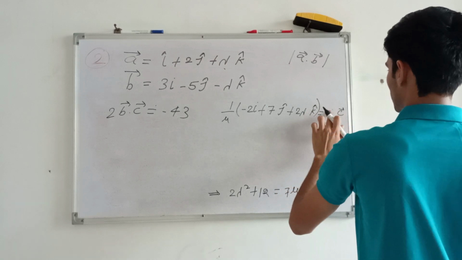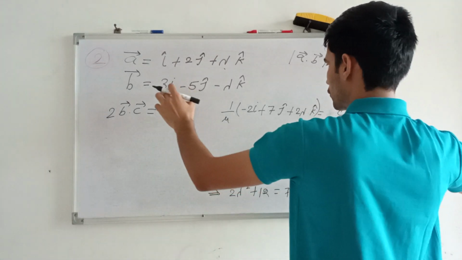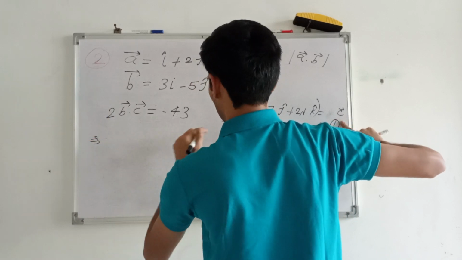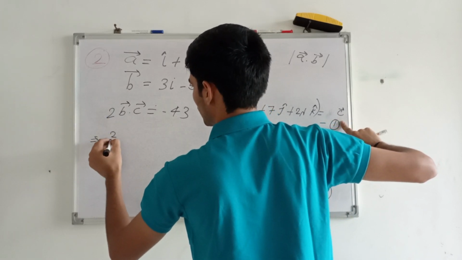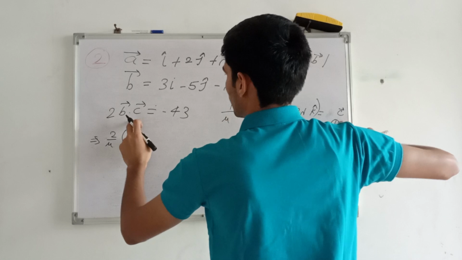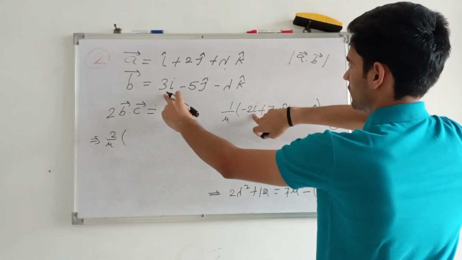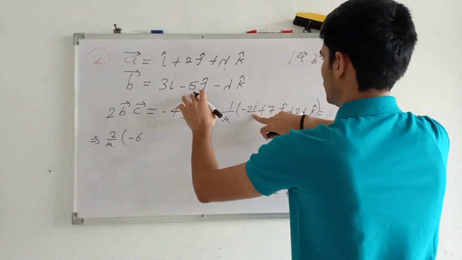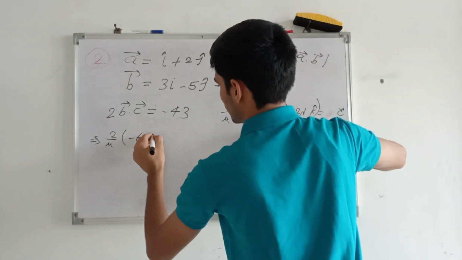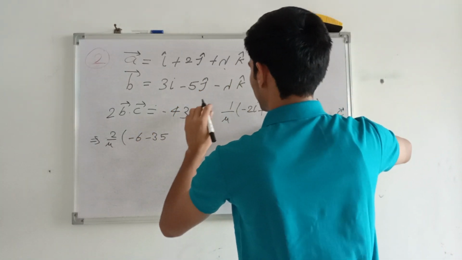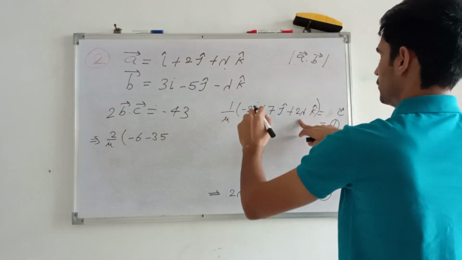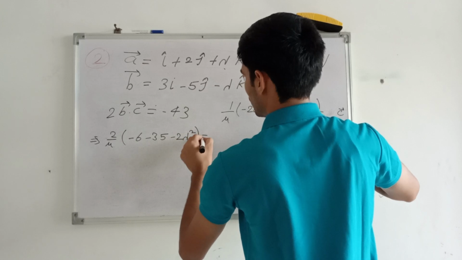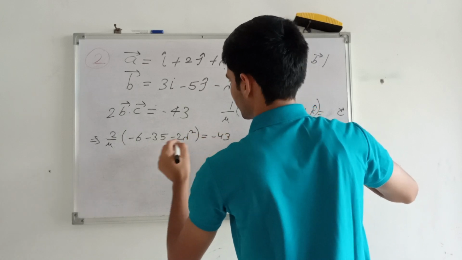This was our vector C. Now do dot product of this, what we will get? 2 is already there, 1 by mu will also come, so 2 by mu, I. 3 into minus 2 will become minus 6, minus 5 into 7 will become minus 35, minus lambda into 2 lambda will become minus 2 lambda square is equal to minus 43.